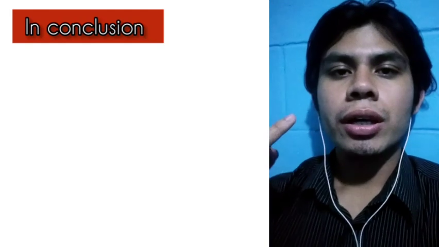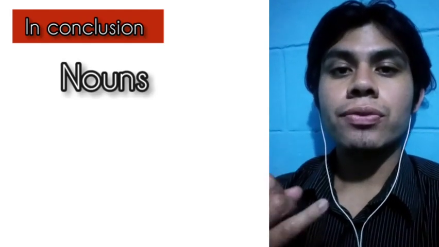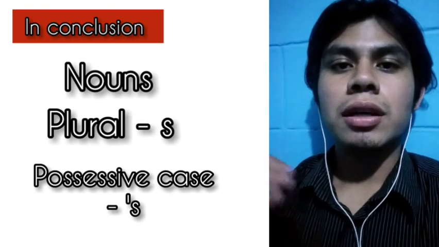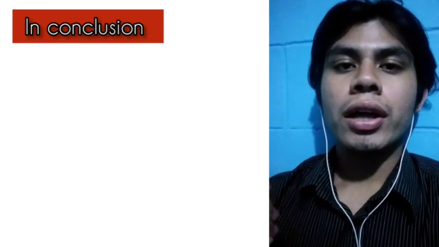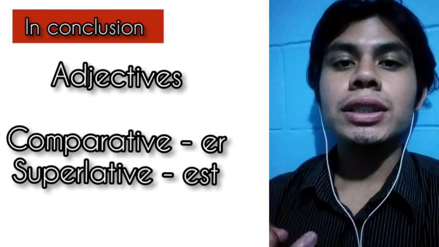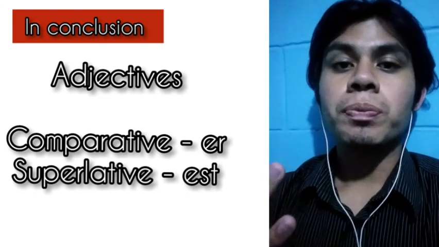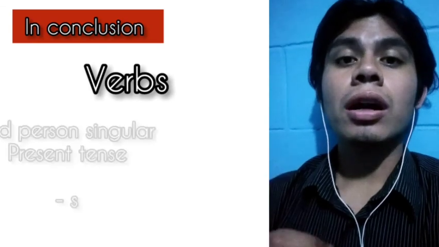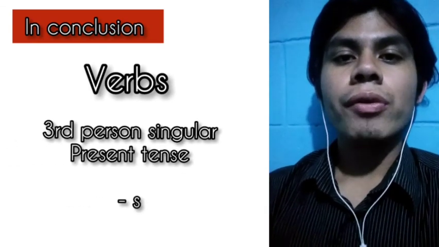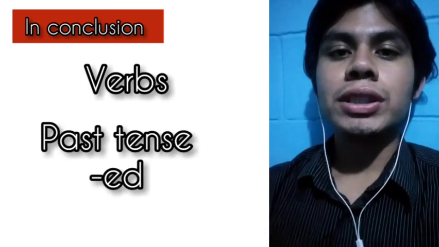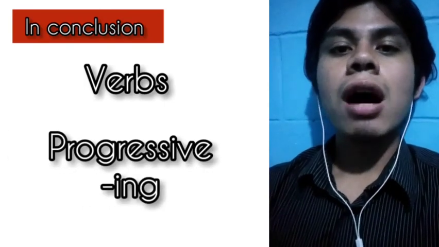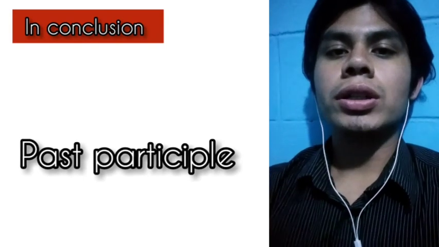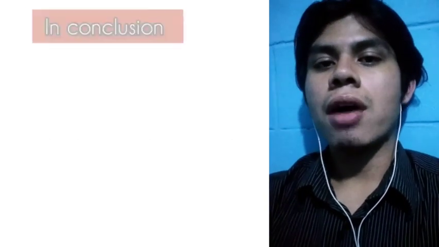In nouns, we have the possessive case and the plural case, adding the s, and the apostrophe s. In adjectives, we have the comparative and the superlative. In verbs, we have the third person singular in the present tense, the past tense, the progressive, and the past participle, right? So those are the 8 inflections that we have in English.